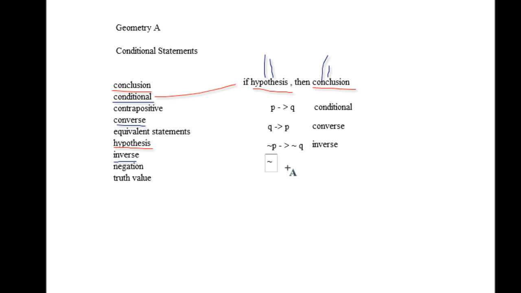Now, you probably also wondered why the tilde key was represented so much. In math logic, it's called Boolean algebra. It's actually computer science algebra. You need to use this tilde key to tell the computer when to say not. Contrapositive, I always forget what this is called.